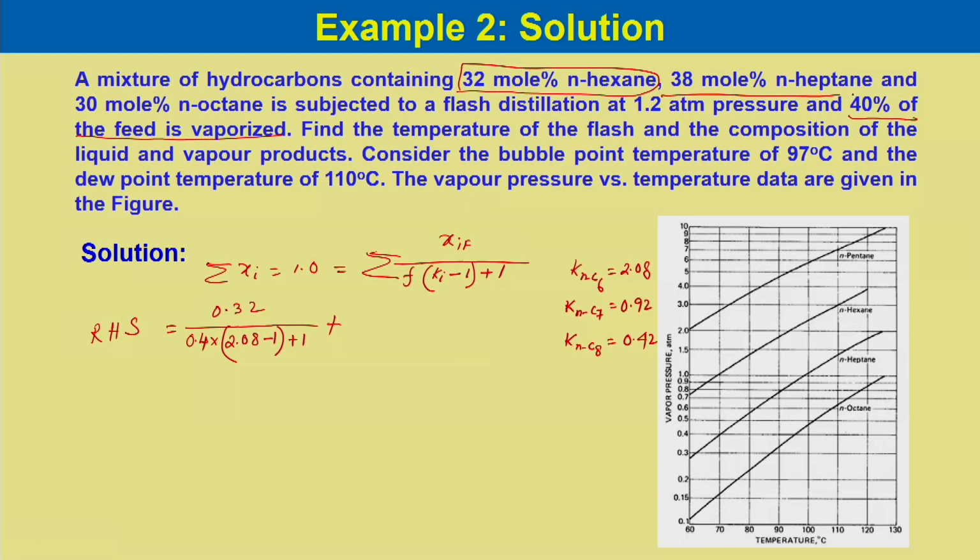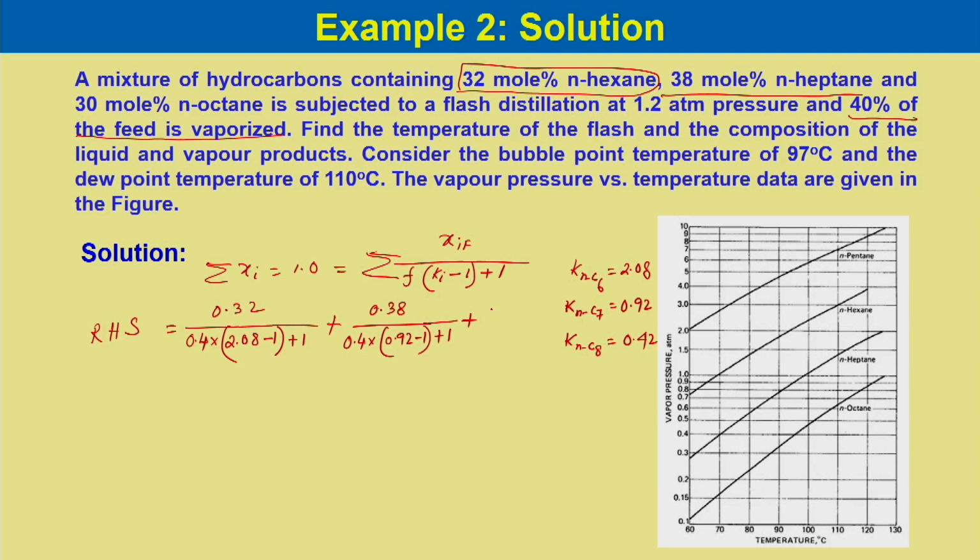which is 38 mole percent. So, 0.38 divided by 0.4 into 0.92 minus 1 plus 1, plus for component nC8, which is 30%.